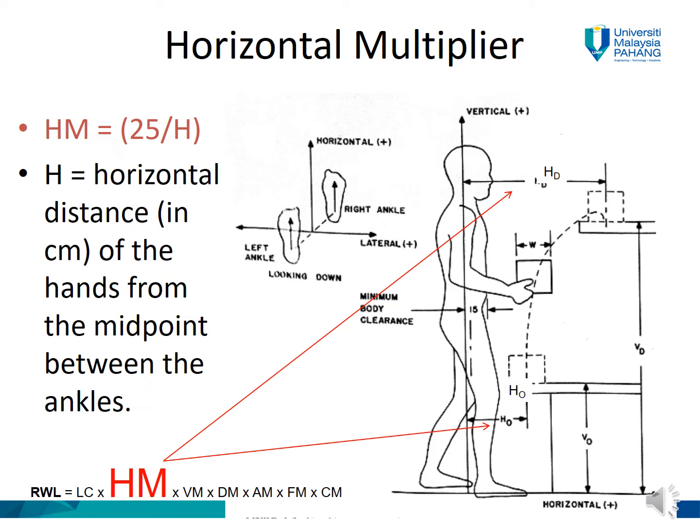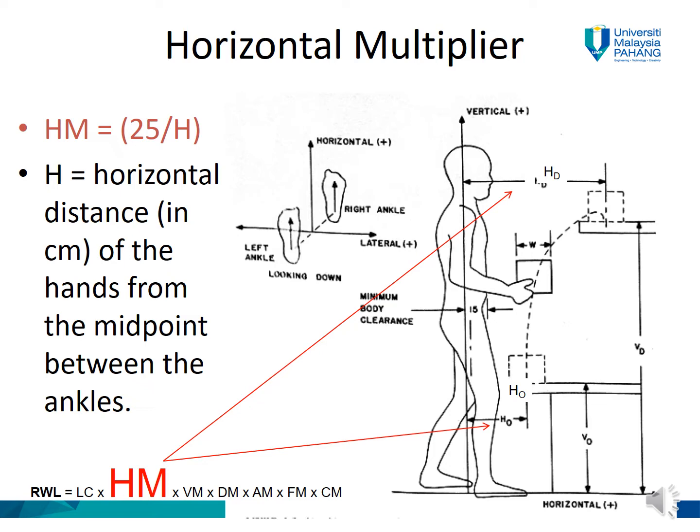This slide is the horizontal multiplier. As you can see, to obtain the RWL, we need to have the HM, the horizontal multiplier. Before we can have the value of the horizontal multiplier, we need the value of H to be inserted in the calculation of the HM, as I wrote on this slide in red color.